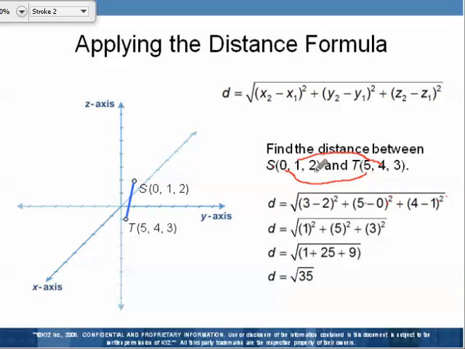And I'm going to take the z values, 3 and 2, 3 minus 2 squared. Right? And I simply take each one of those. That gives me 5 squared, that gives me 3 squared, that gives me 1 squared. Well, 1 squared is 1, 5 squared is 25, 3 squared is 9, that gives me a square root of 35. That would be my distance that I would use for this line right there, that line in blue.